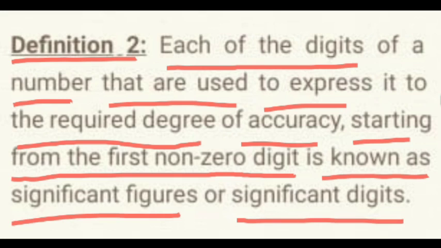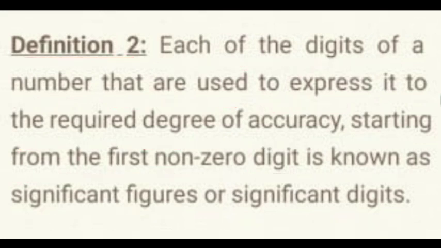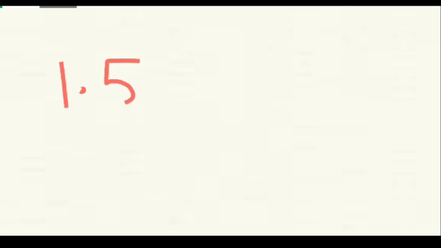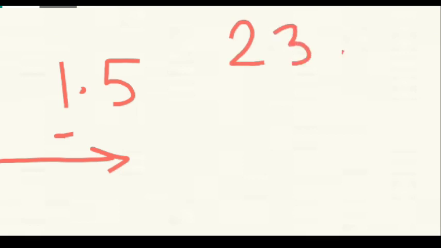Take the same example, 1.5. In this, 1 is the first non-zero digit because we go from left to right. Suppose there is another number, say 23.7. The first non-zero digit is 2, the second is 3, and the third is 7.